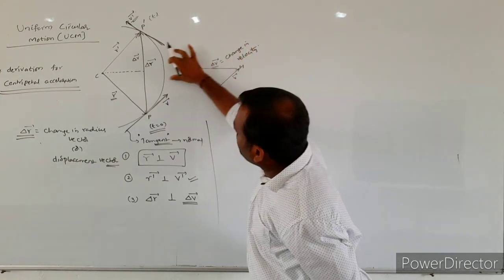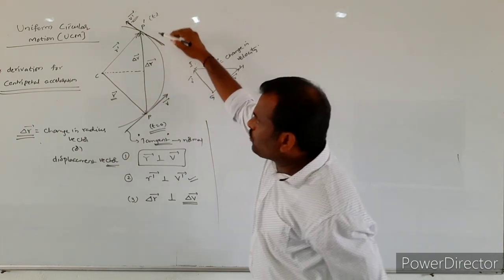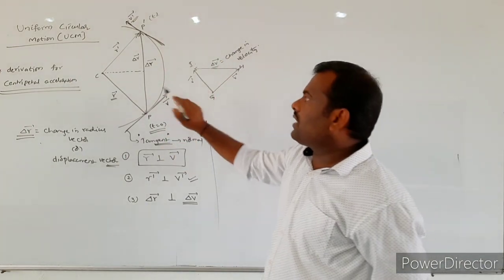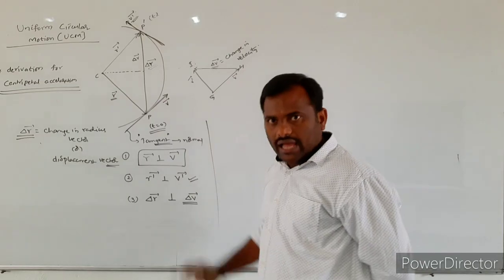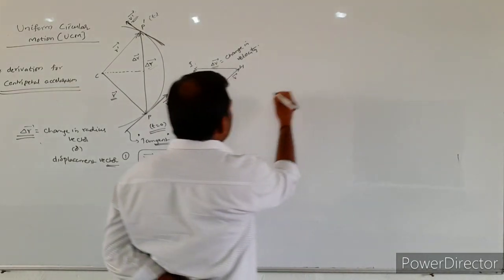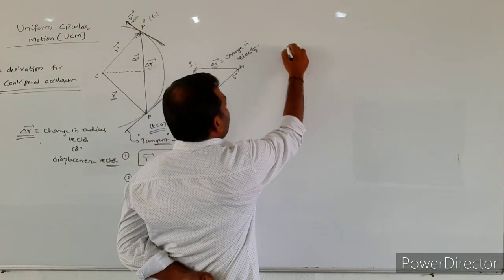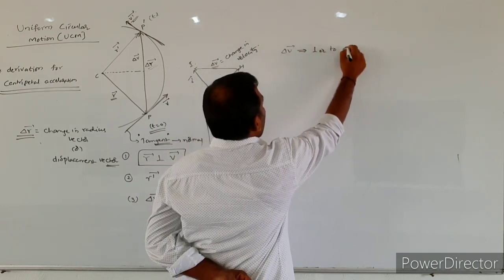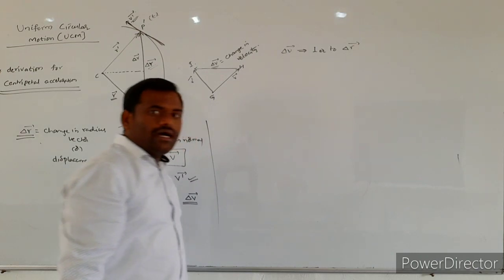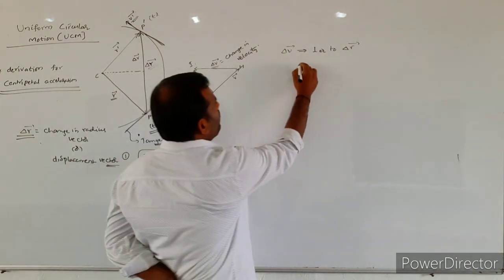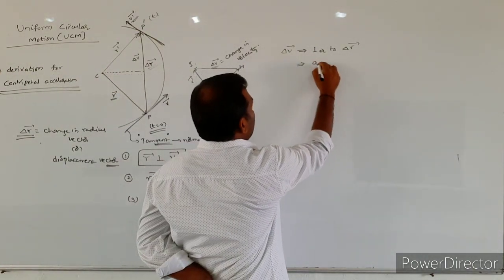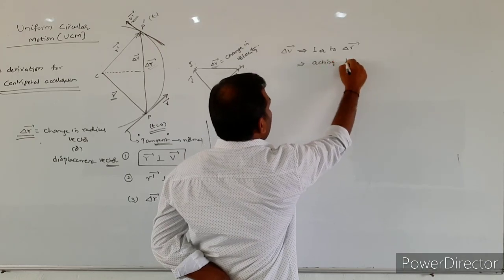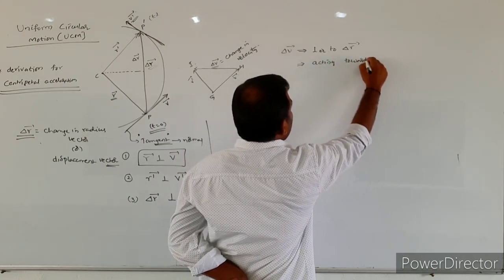So this delta V bar must be perpendicular to delta R bar, and this delta V bar, change in velocity, is perpendicular to delta R bar, and also it is acting towards the center.